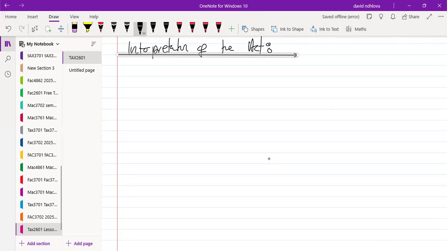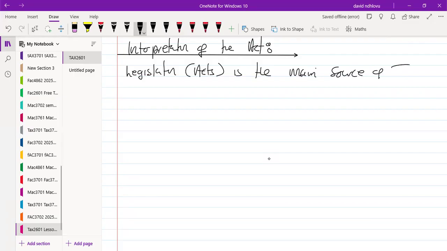When it comes to the interpretation of taxation, remember we said we have got legislation. Let me add here that legislation in the form of acts is the main source of tax rules.